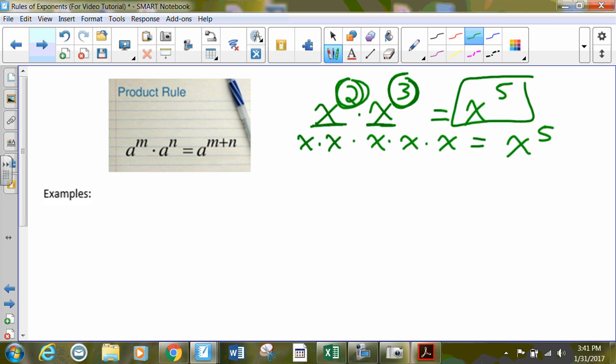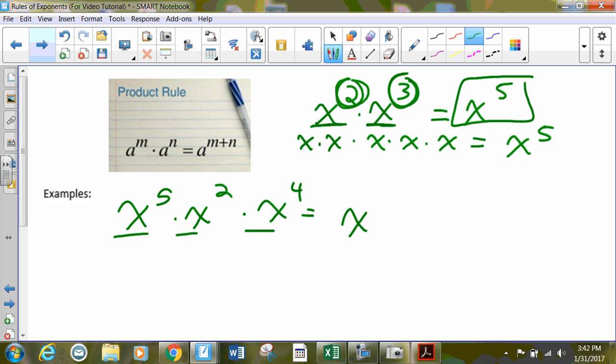So let's do another one. Let's say we had x to the 5th times x squared times x to the 4th. Same base, so we're going to rewrite our base, and we'll add our powers because we are multiplying, and when we multiply, we add our exponents. So we'll have 5 plus 2 is 7 plus 4 is 11.